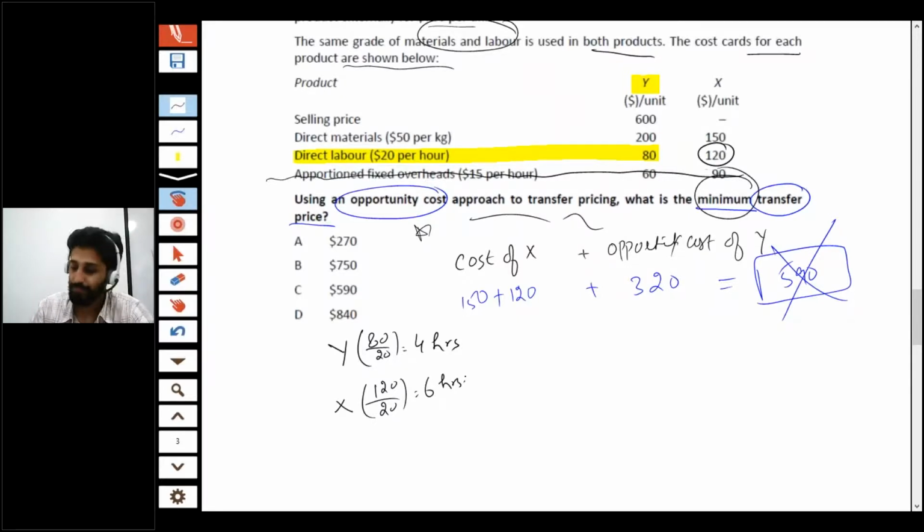Now, whenever there is a limiting factor, you need to measure the contribution per limiting factor, here per labor hour.